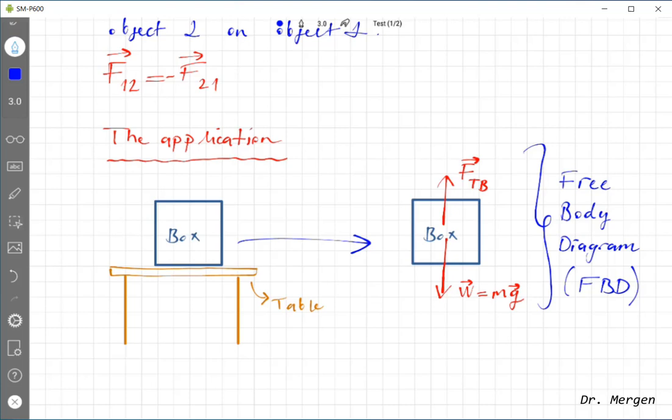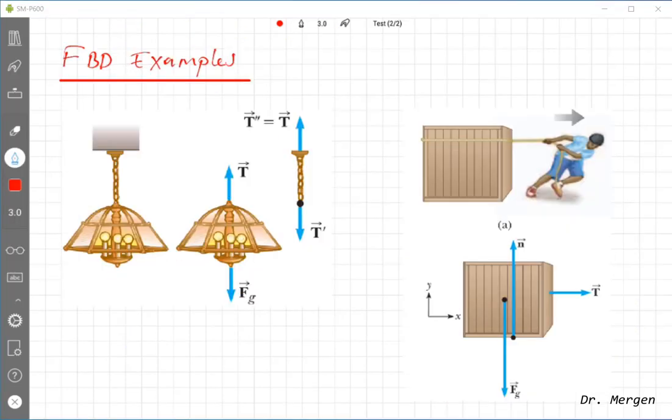Therefore, a free body diagram helps us to isolate only those forces on the object and eliminate the other forces from our analysis. And this free body diagram can be simplified further by representing the object as a particle simply by drawing a dot. Let's take a look at two free body diagram examples from our textbook.